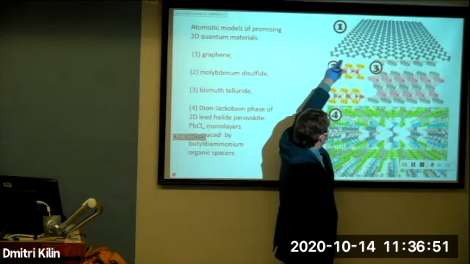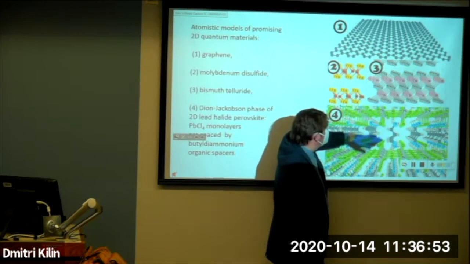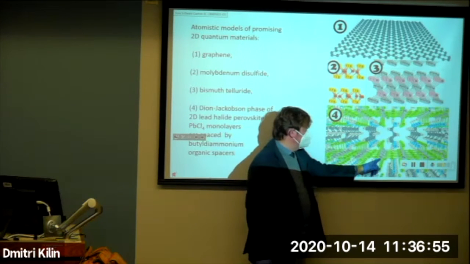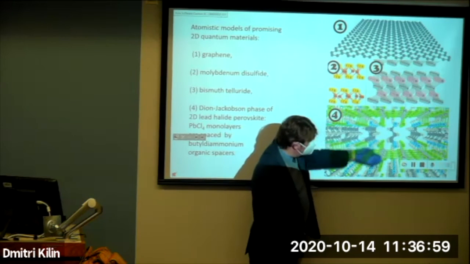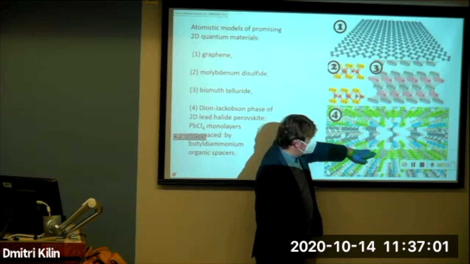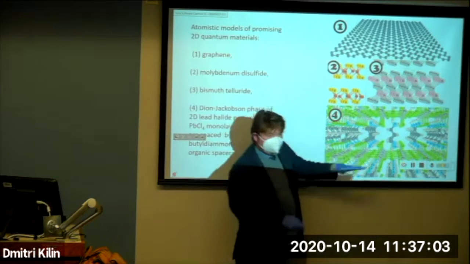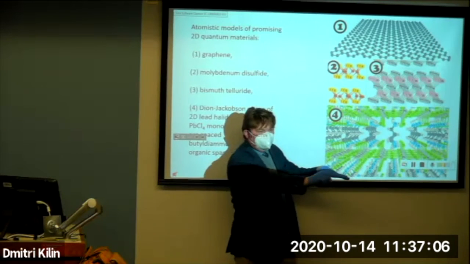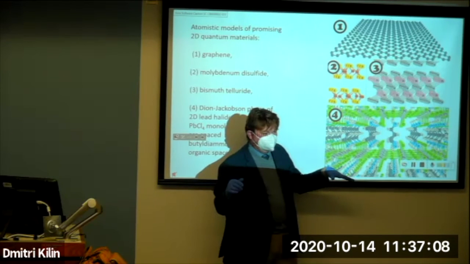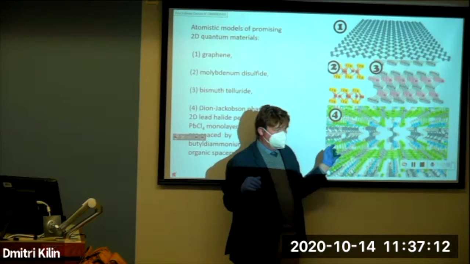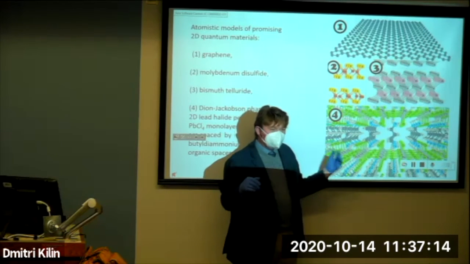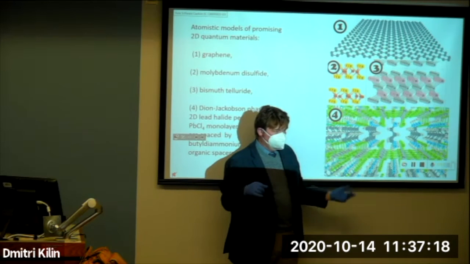So graphene, molybdenum disulfide, bismuth telluride, and lead halide perovskites, where this lead and chlorine encaged between layers of organic spacers serve as a two-dimensional region where electrons can move freely if they have enough energy. And all these structures can be recognized just based on their density of states, if they are measured.